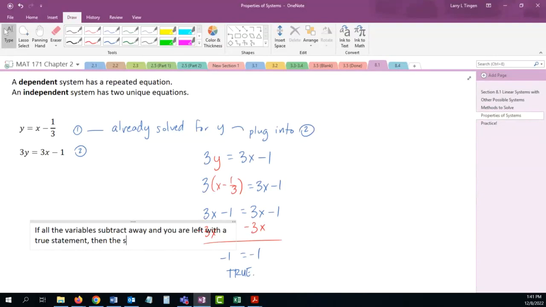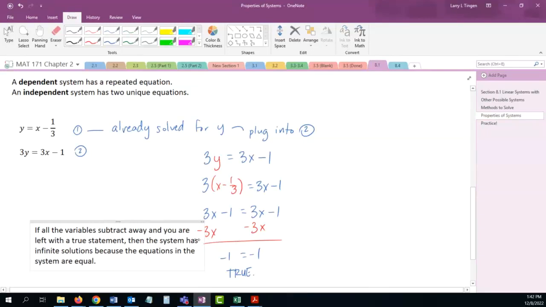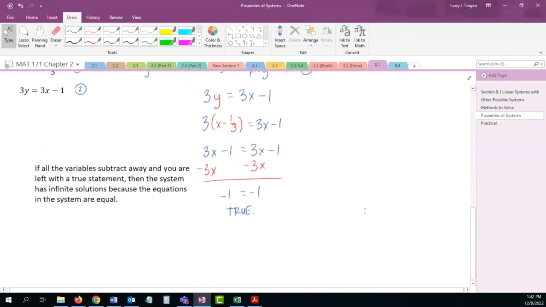And the system has infinite solutions because the lines in the system are equal. They're the exact same line again and again. You already saw this system earlier when I did it, right? I think I just had y is equal to 3x minus 1 all divided by 3, but it's the same system.